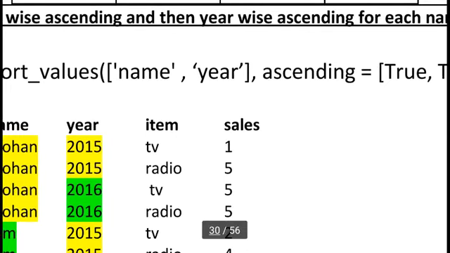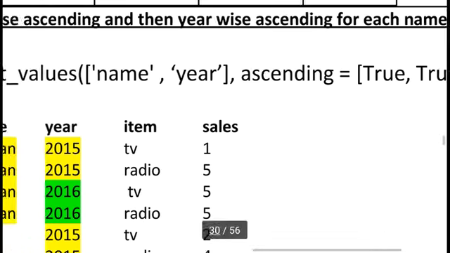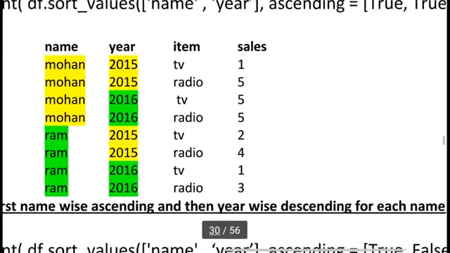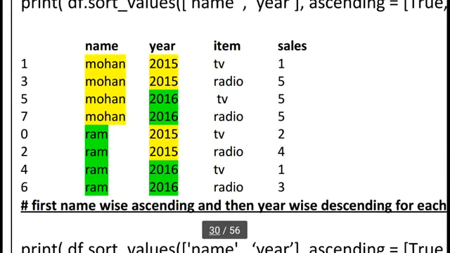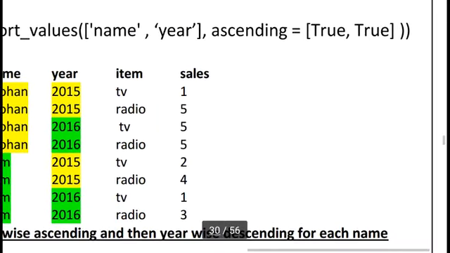Because here we have two columns, I am writing ascending is equal to true. The first ascending is equal to true is related to name, and comma again true. The second true is concerned with year for each name. So here you can see Mohan and Ram, all the Mohan, all the Ram, but each Mohan again subsorting year-wise. Year-wise I am writing true.